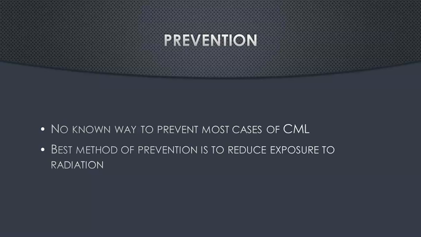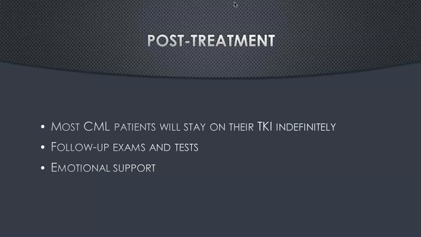So prevention, there isn't one known way to prevent most cases of CML. The best that we know of right now is to reduce exposure to radiation. So post-treatment options are that most CML patients will stay on their TKI indefinitely. Doctors are definitely going to want to still do follow-up exams and tests to make sure that the leukemia cells don't go back to growing at their original rate.